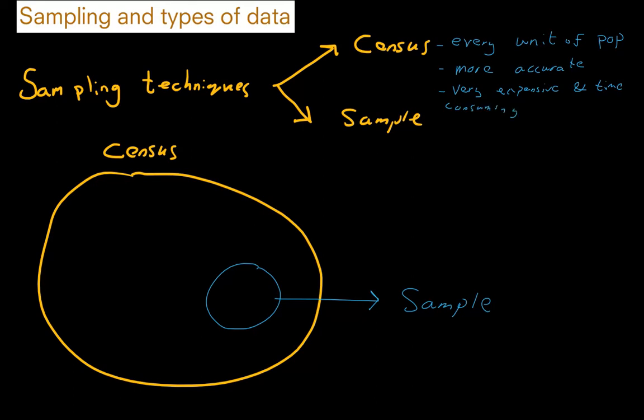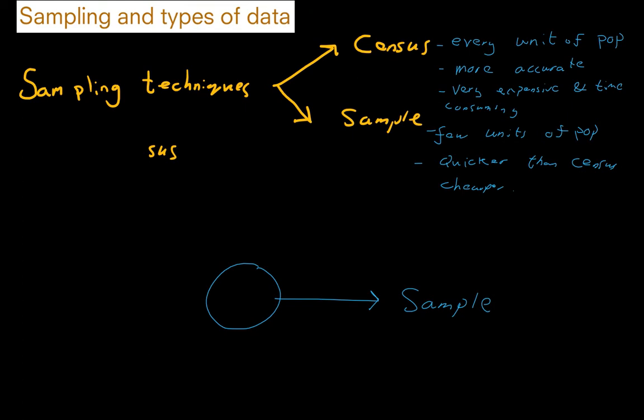Okay, a sample uses few units of the population. It's quicker than a census and is cheaper.